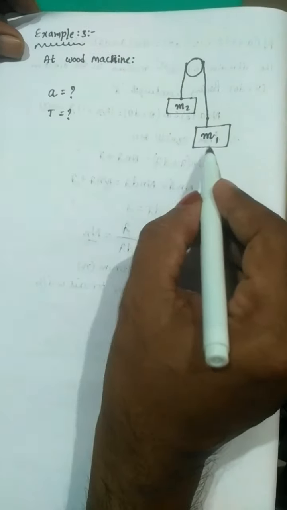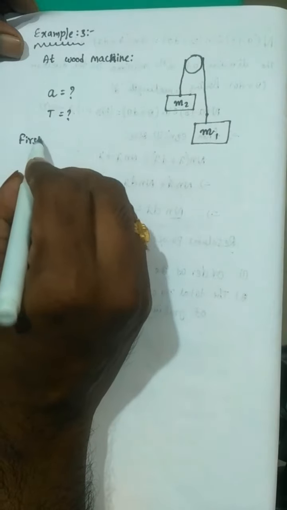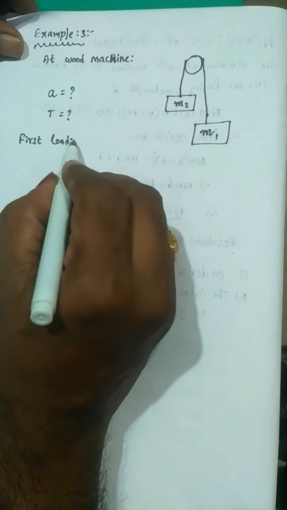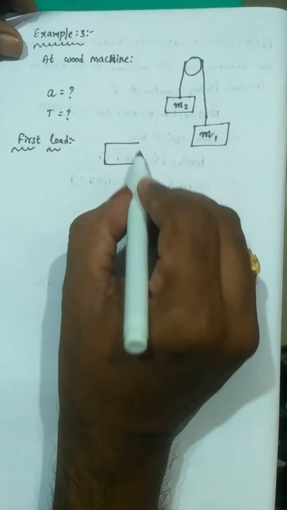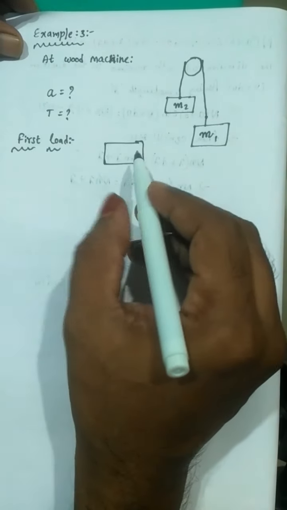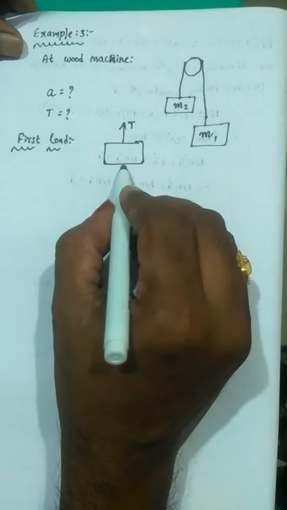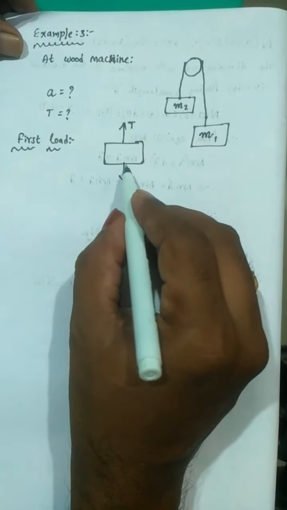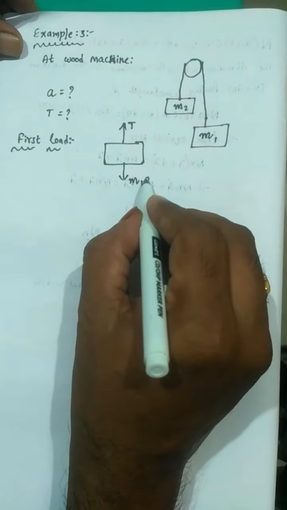First we take the first load, whose mass we call m1. This is the free body diagram. On this load, two forces are acting. One is the tensile force, acting in the upward direction, and the other is the gravitational force, which always acts towards the center of the earth.